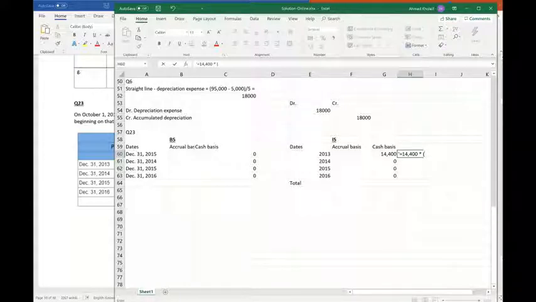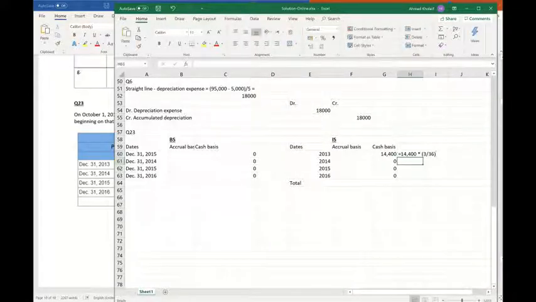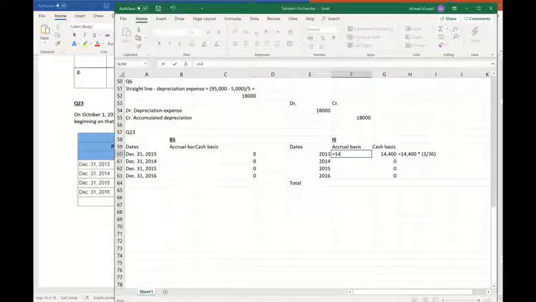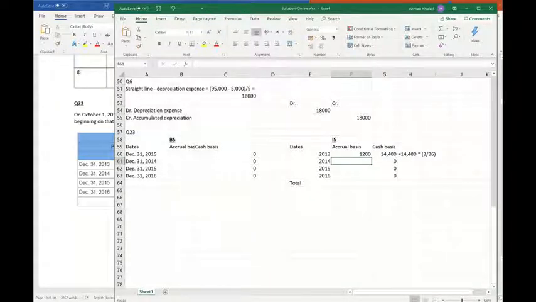So October, November, December. So these 3 months, 3 over 36. So this, for the first year, will be recognized as expenses. So it's 1,200, and the remaining amount will be recognized as assets in the balance sheet.